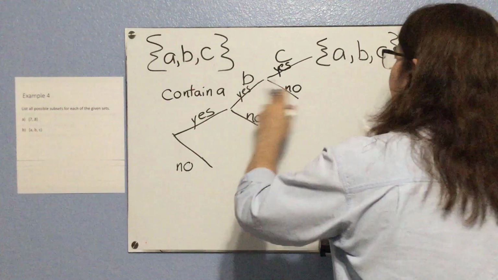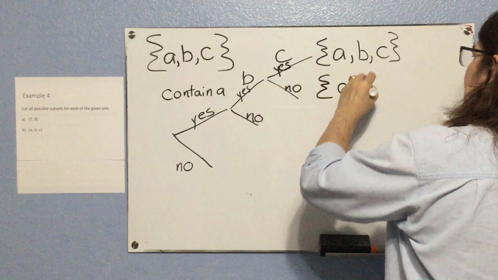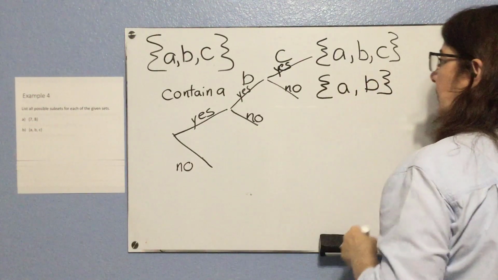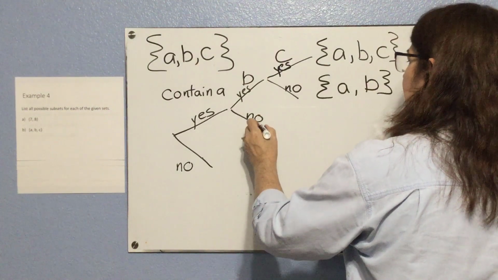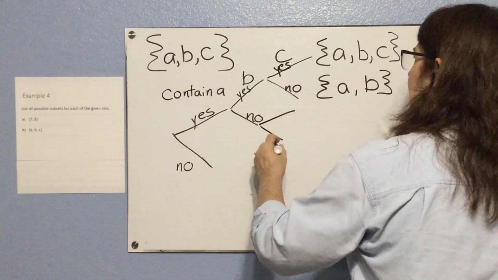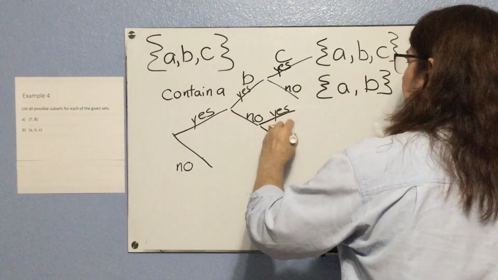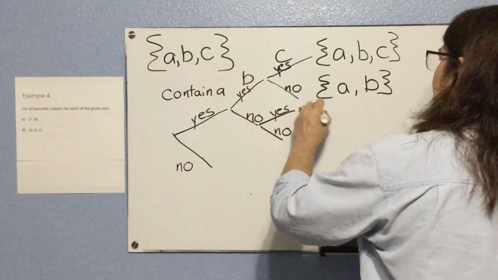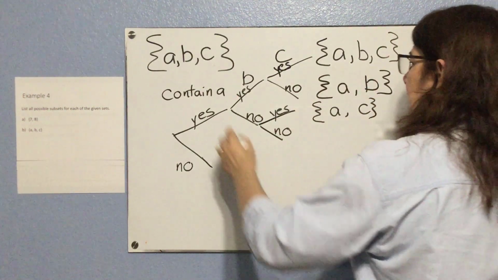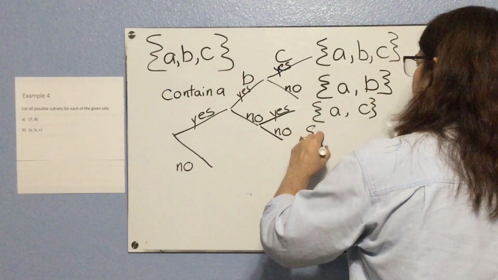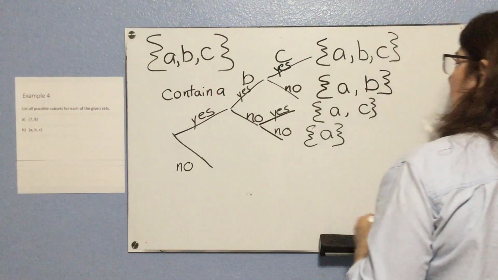If we answered no on the last question, then it would be A and B. If we answered no on the second question, we still might have C in it. So yes, no, yes would be A and C. Yes, no, no would be just A. And we can continue on.